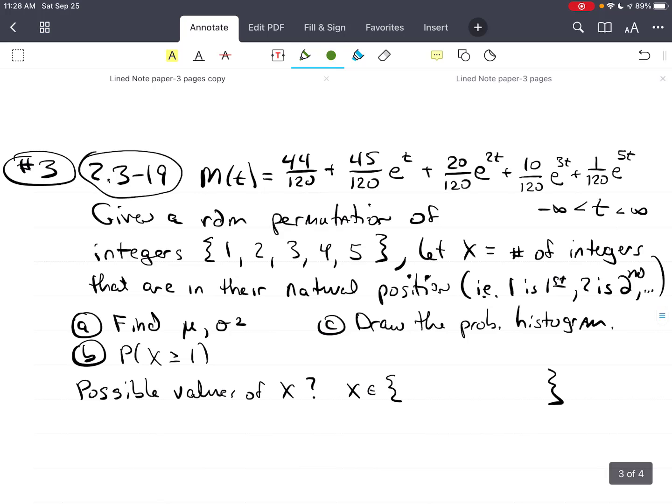Now problem number 3 is 2.3-19 in the 9th edition of the book. We're given a moment generating function. We're also told that we're going to take random permutations of the first 5 positive integers.